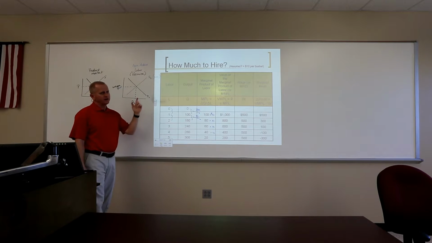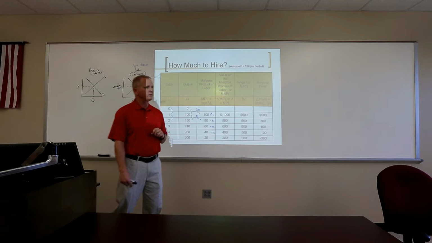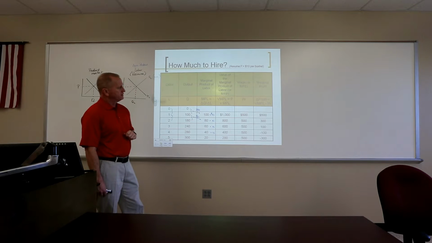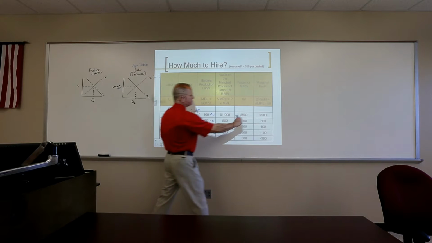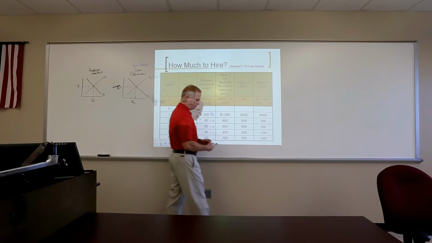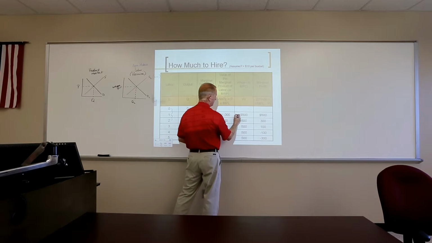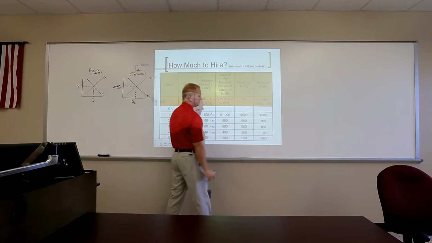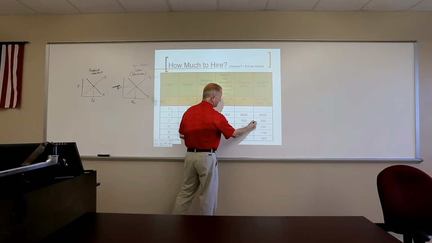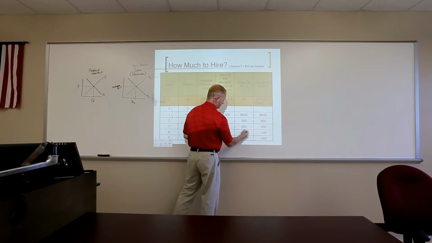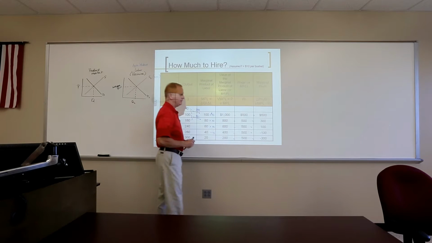Well, now you go to the final column, and that's called your marginal profit. And it is the value of the marginal product of labor minus the wage. All you do is subtract to come up with the amount there.